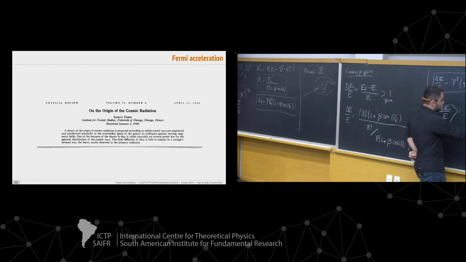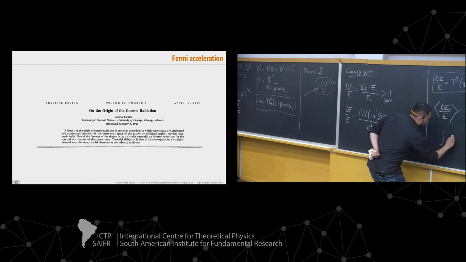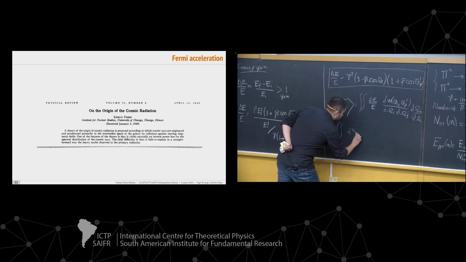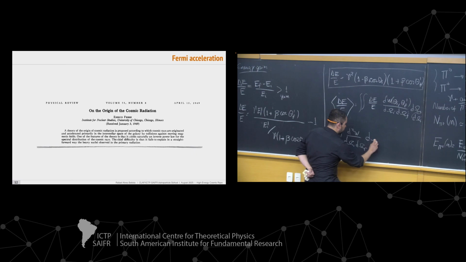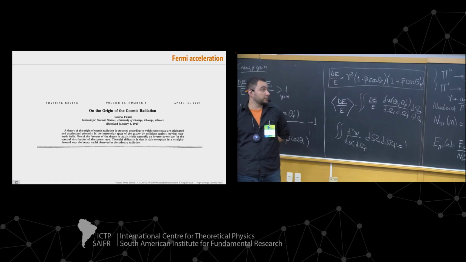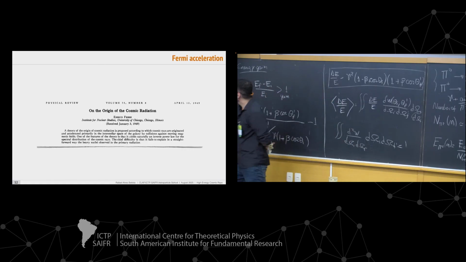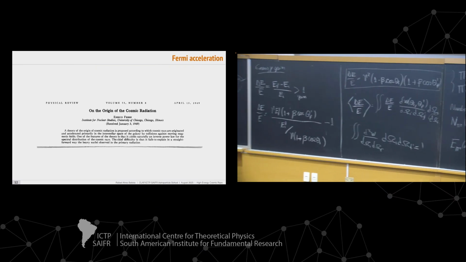So the probability distribution function is such that, actually it's a double integral, if I integrate over the solid angles, that is equal to 1. That's what the probability distribution function is. And this probability distribution function is telling us what the most likely cases for interactions are.